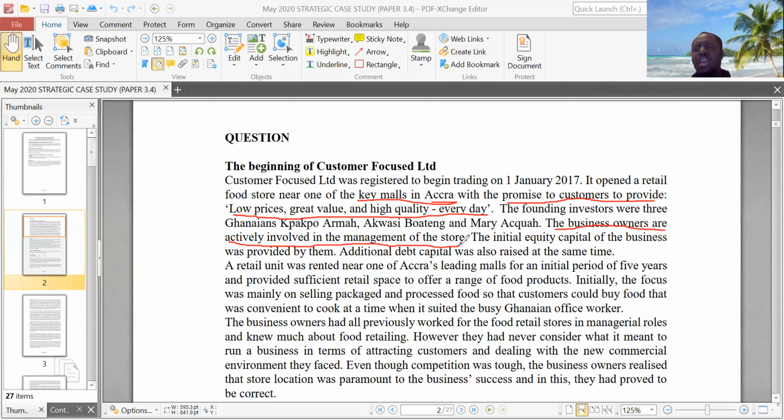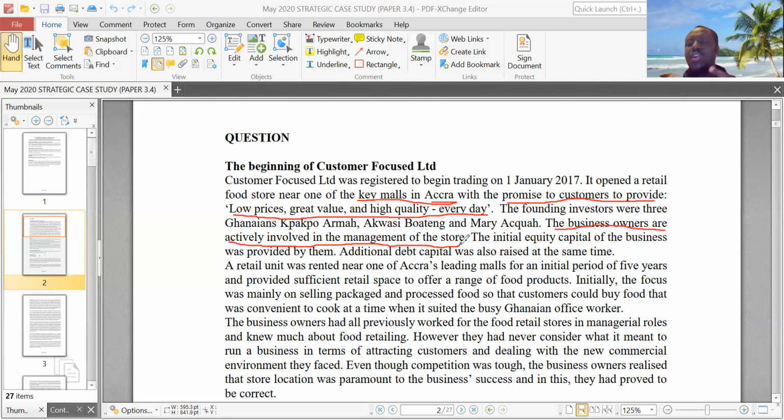Now, one of the key things we need to know here is that this pre-case material is giving us a background to exactly who Customer Focus Limited is, right? So here they've talked a lot about the founders, and about the commencement and the location of Customer Focus Limited.